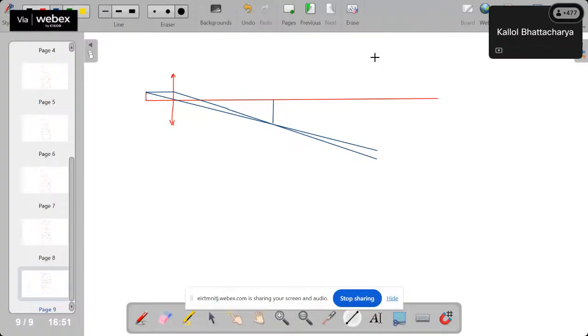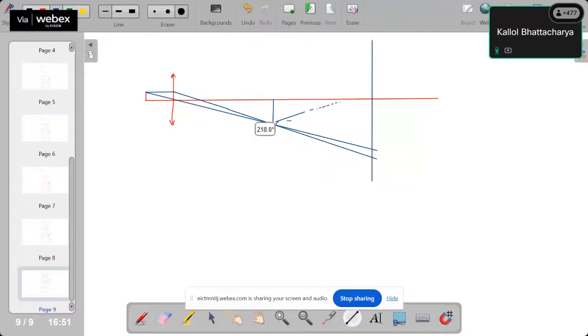This is the eyepiece, so that from the eyepiece we have a parallel beam coming out, and this parallel beam will be going in the direction of the chief ray, which is this ray.